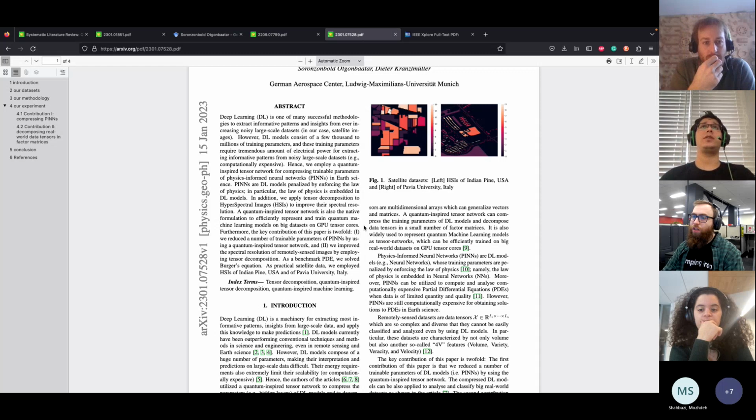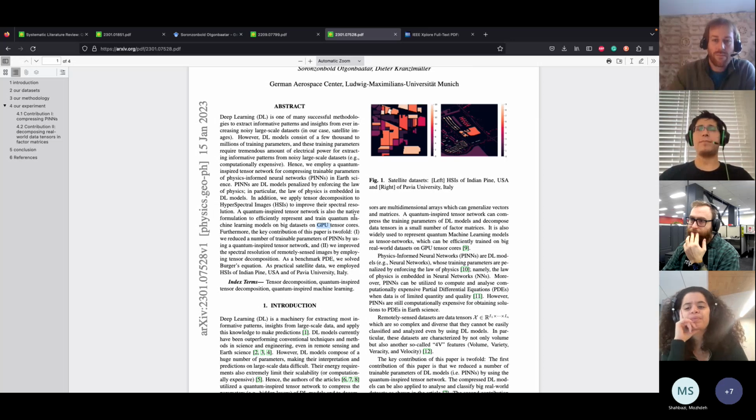That's why you see here that they use GPUs to do this kind of operations. Basically, GPUs and libraries like PyTorch or TensorFlow allow you to work with tensors and to compute derivatives with respect to these tensors. That allows you to do something called differentiable programming. So that's one of the approaches one can take.